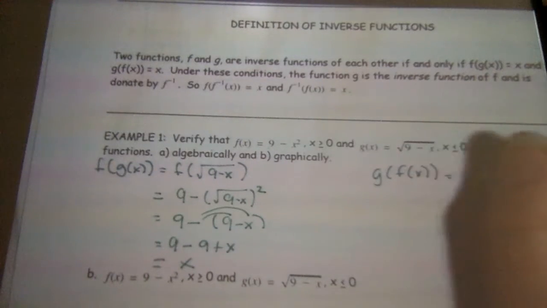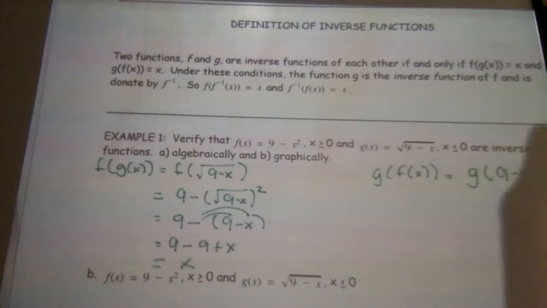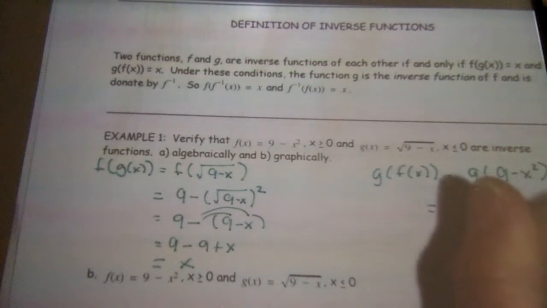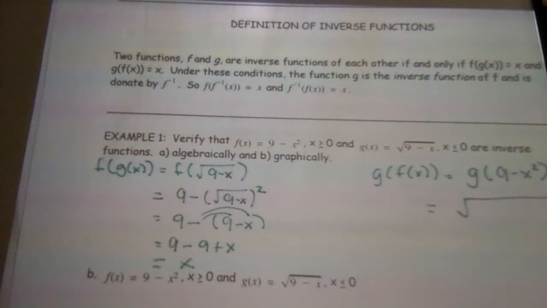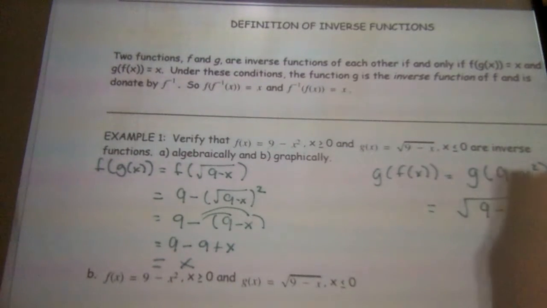So that means where I see the g function, I'm going to put in 9 minus x squared. The g function is the square root of 9 minus x, so that's the square root of 9 minus the quantity 9 minus x squared.